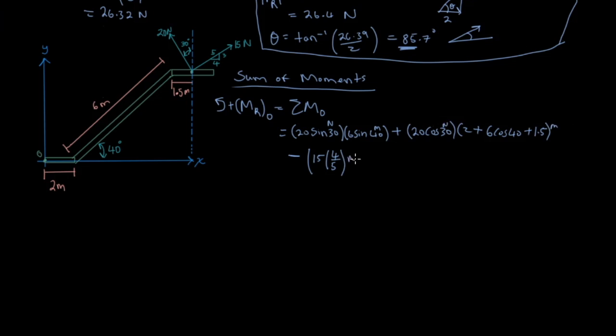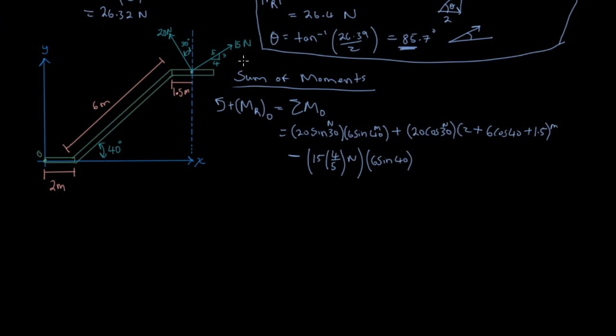Newtons times 6 times sine 40, because this distance here is going to be 6 times sine 40, as we did in this calculation. 6 sine 40.